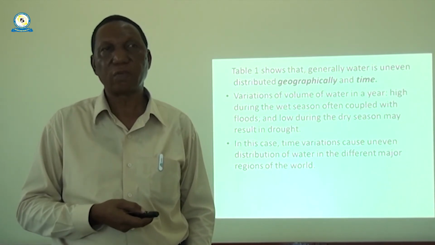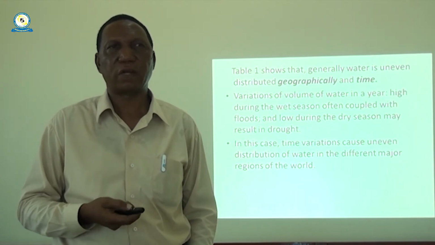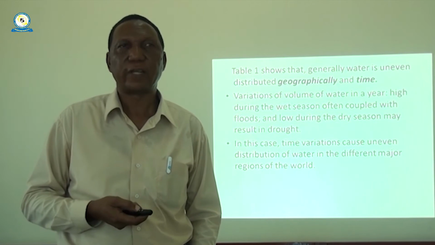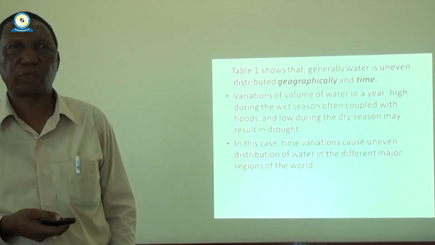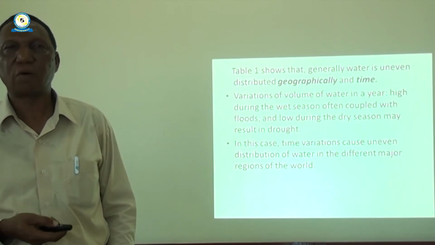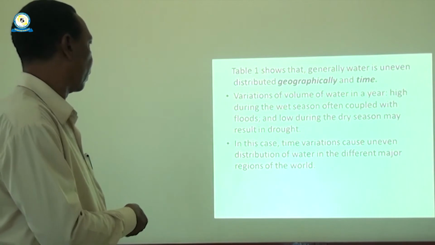During the dry season, the impact of the sun rays means high evaporation rates, and it also depends on the type of land. If it's a desert land where even precipitation is very low, then the amount of water is lower, or lowest.